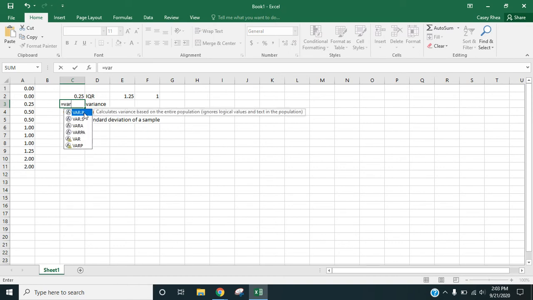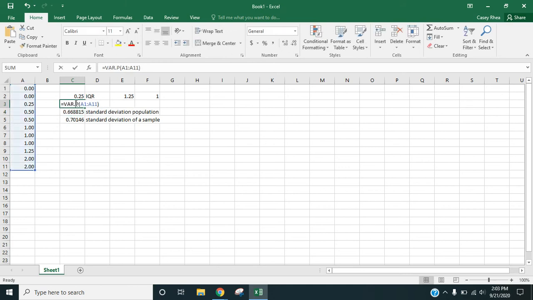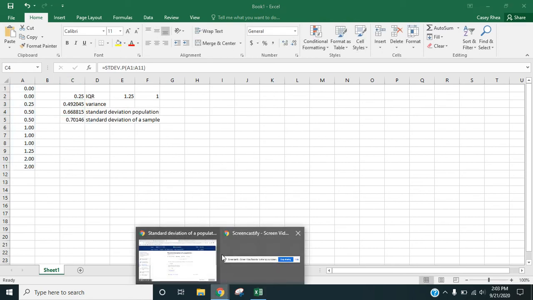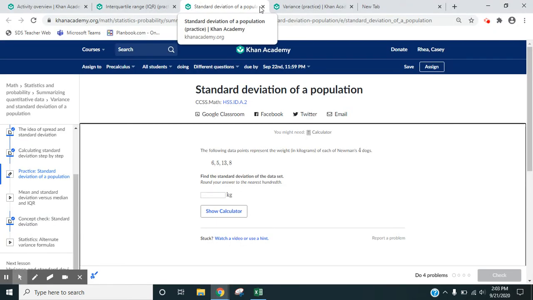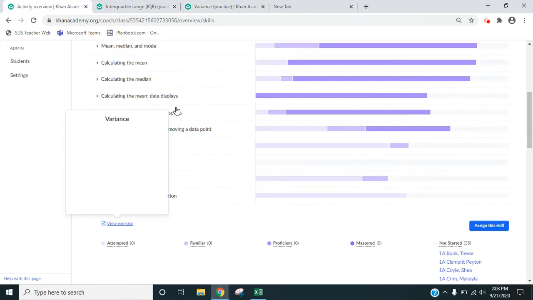Variance has the same thing. You have to determine whether it's for a population or a sample. If it's for a population, we use that. If it's for a sample, we use this. So what's the difference? Let's go to that assignment really quick.